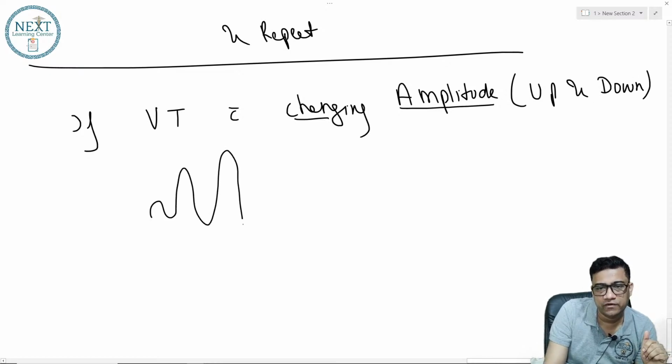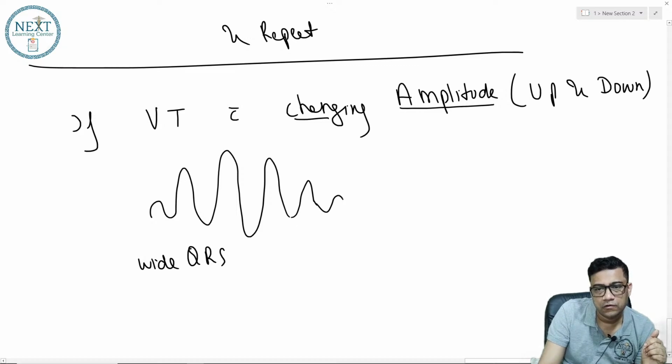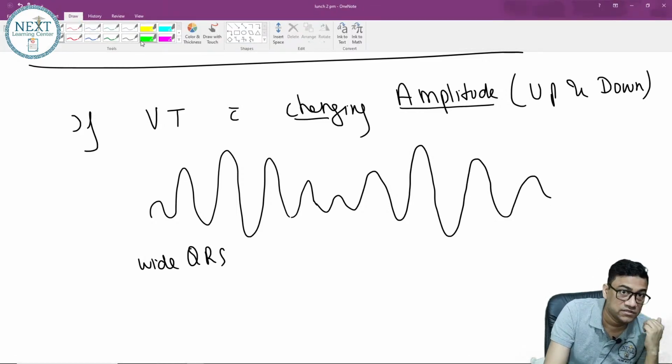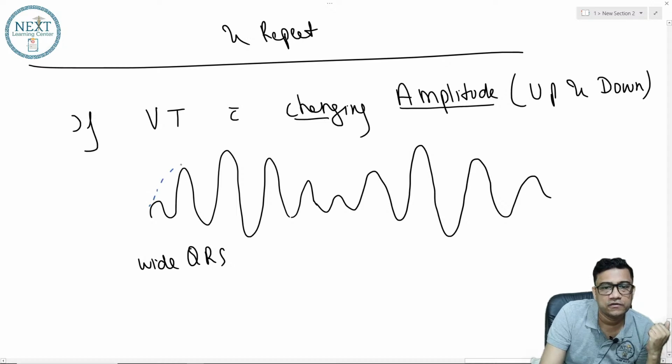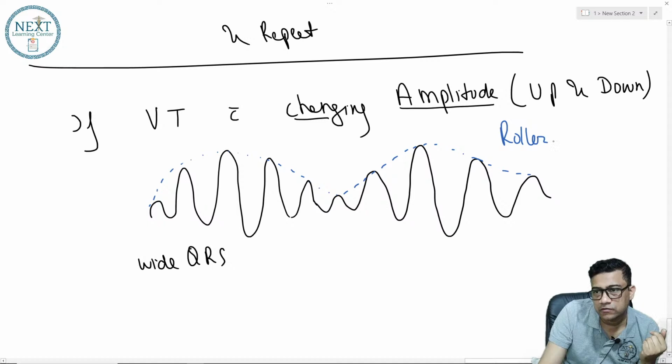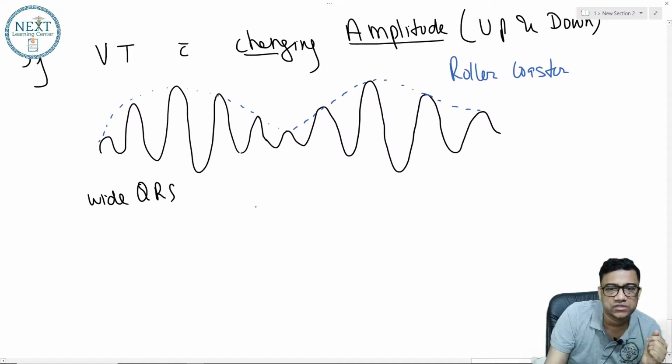See, it's wide QRS. So can you see it's wide QRS? It looks like a roller coaster ride. This is a roller coaster ride. Can you see the roller coaster ride? This is called torsades.